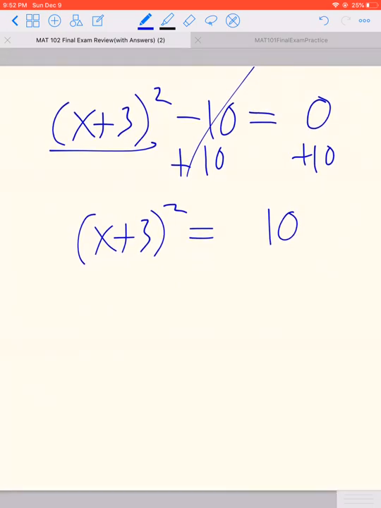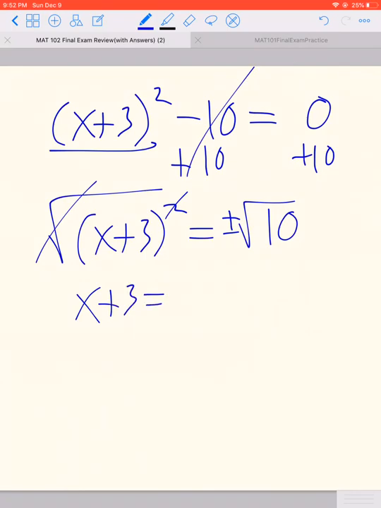Now that we have the square by itself, we're going to solve by taking the square root. Whenever you take the square root and the right-hand side is a number, don't forget you need your plus or minus. This gives us x plus 3 equals plus or minus the square root of 10. And then we have one more step to get the x by itself. I would need to subtract 3 from both sides.